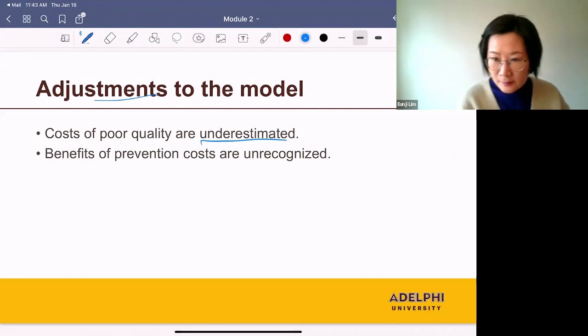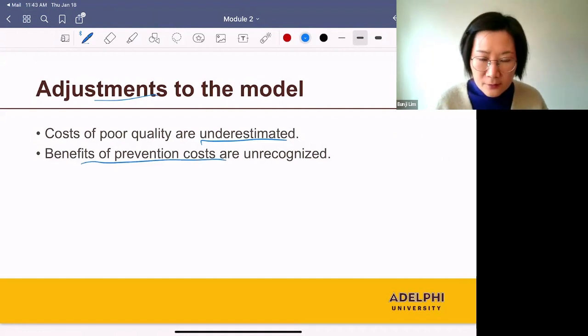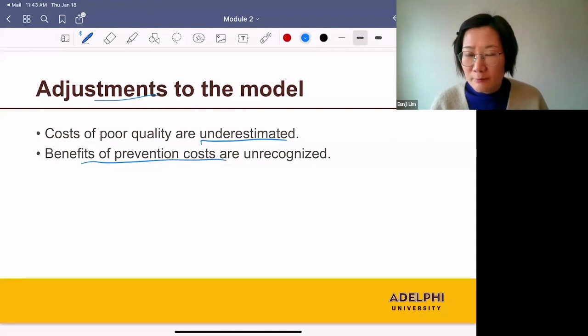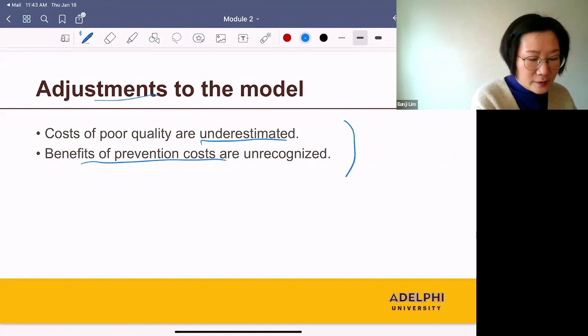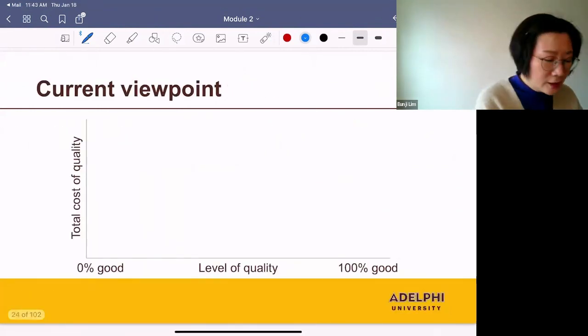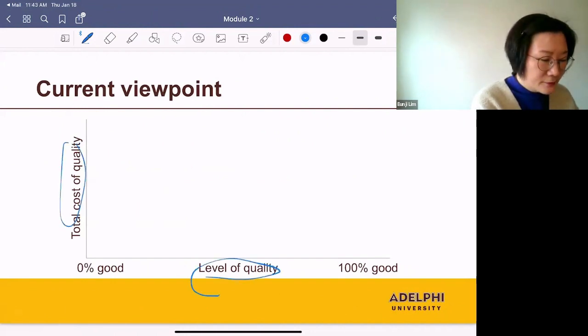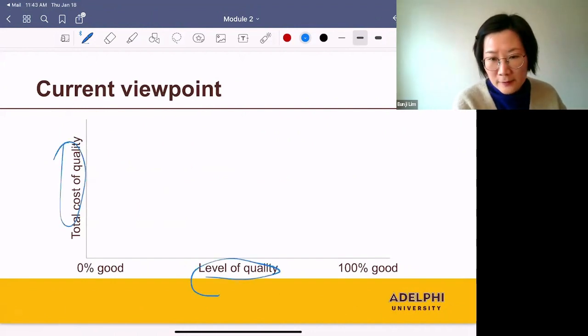And second, the benefits of prevention costs are unrecognized. By preventing any failures, we are saving much more money than we expected. So let's incorporate these into our method. Again, the x-axis is the level of quality. The y-axis is the total cost of quality.